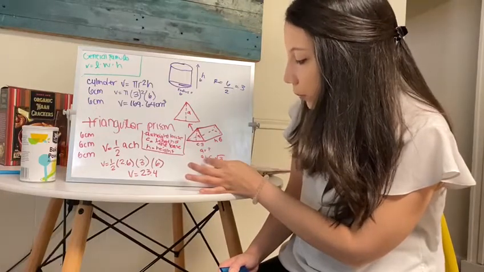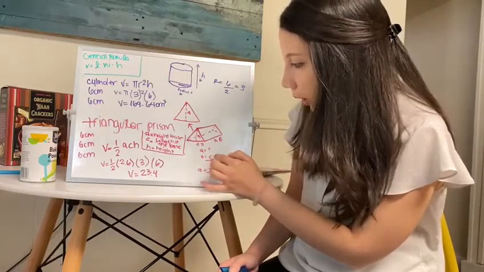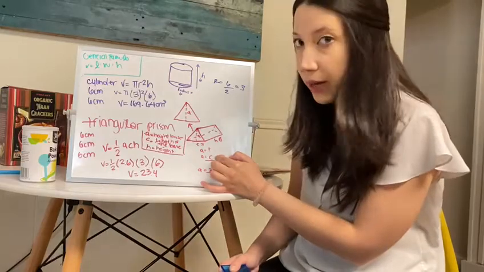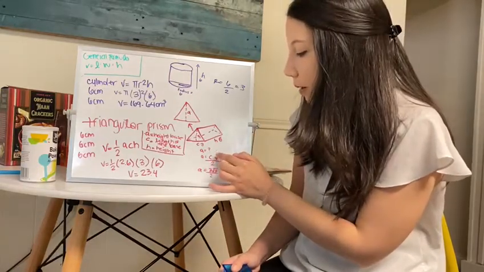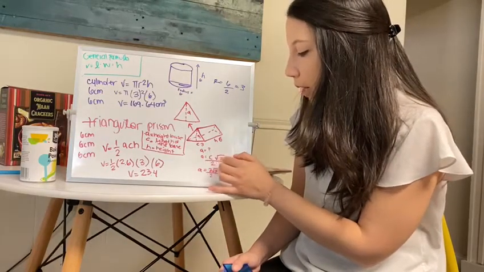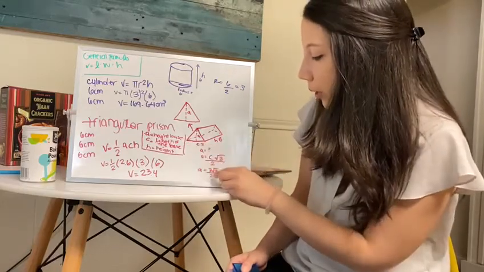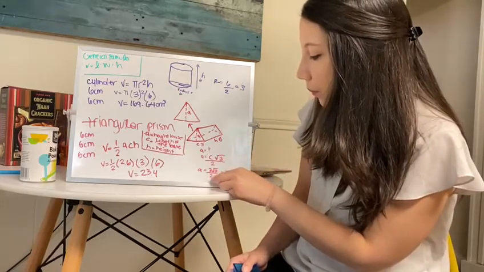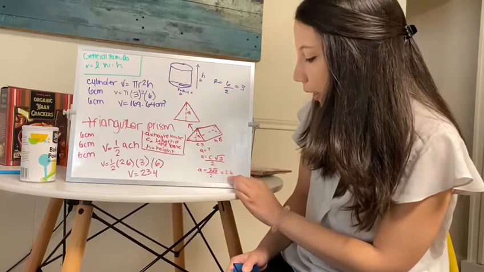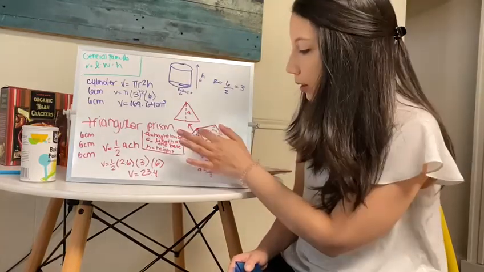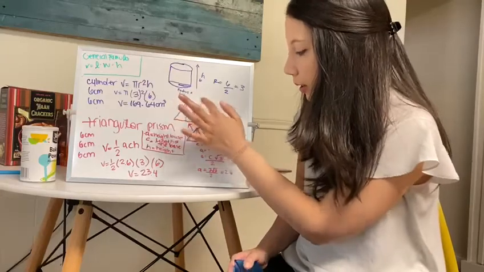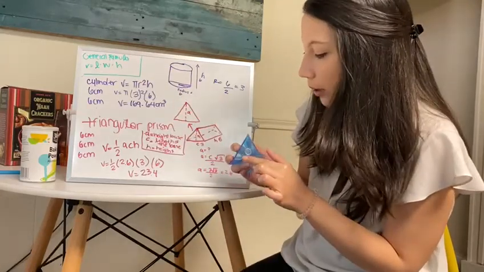A, which is the height of the base, equals C, which is the length of the base, times square root of 3 divided by 2. We already have C, which is 3, so we're going to plug it in. We're going to calculate, and then we're going to get 2.6. This 2.6 is going to be the height of the base.